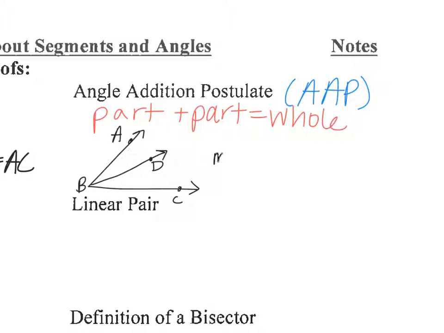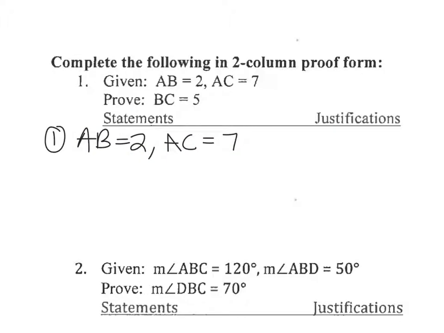I would say that the measure of angle ABD plus the measure of angle DBC is equal to the measure of the whole angle, ABC. My reason would be given. You can draw a line in between those to make your two columns.